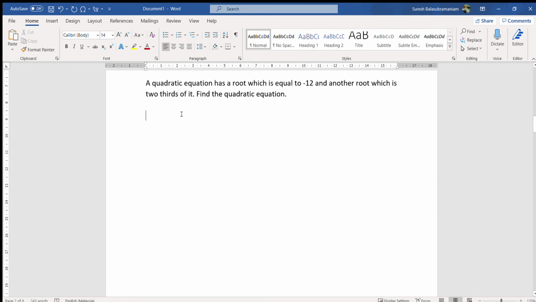Okay, the quadratic equation has a root which is -12. That means the first root is -12. Let's say I name it first root.